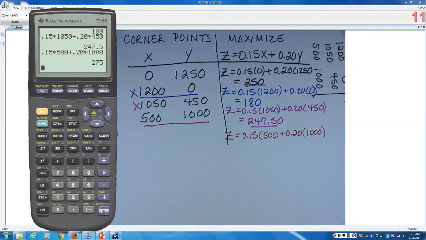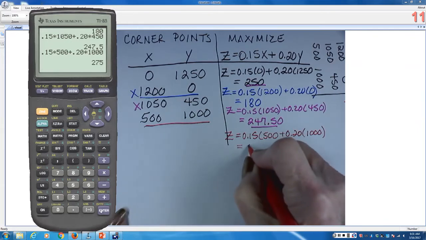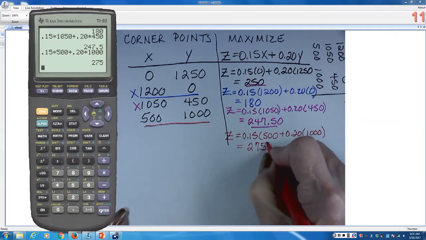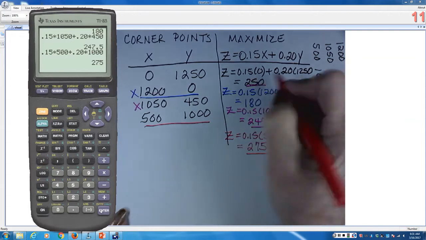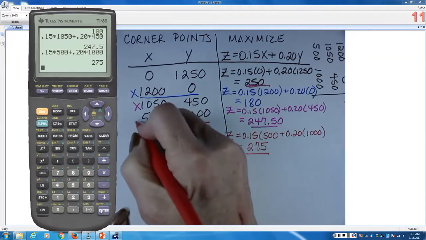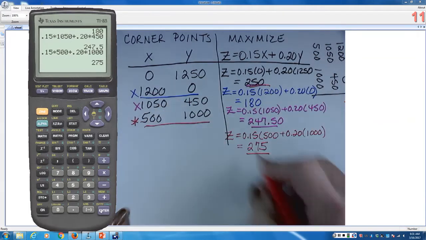And that gives us $275. And since 275 is more than 250, this gives us the maximum.